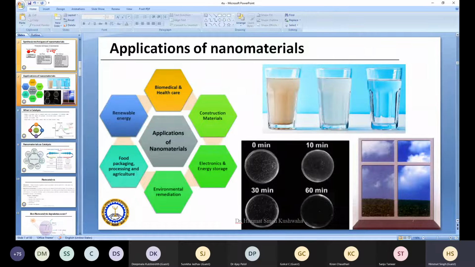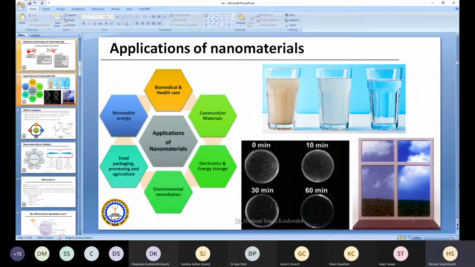If we talk about the applications of these nanomaterials, they have a wide range of applications, starting from renewable energy, then biomedical, healthcare, construction materials, energy storage devices, electronic devices, environmental remediation by degrading pollutants, food packaging, and sensing applications.